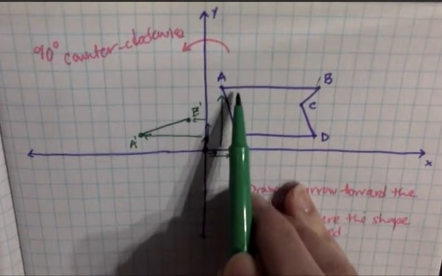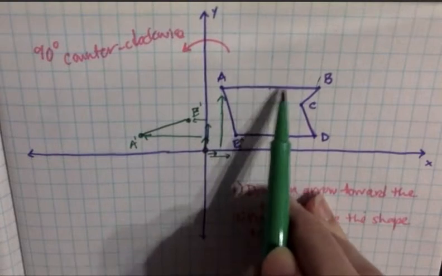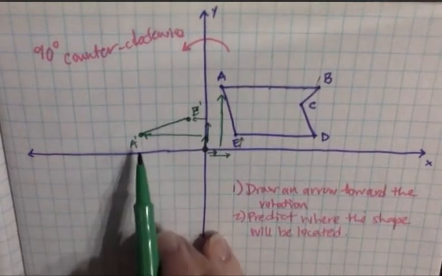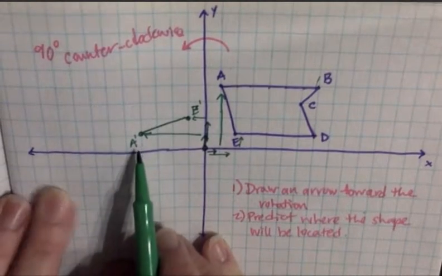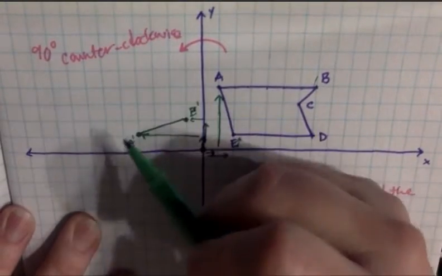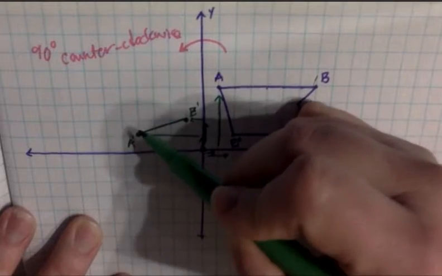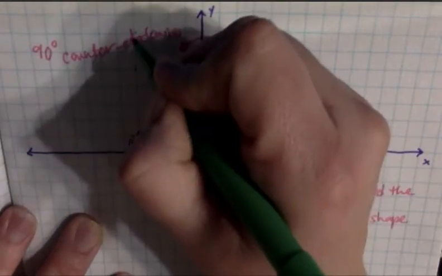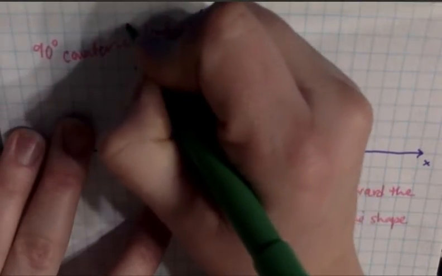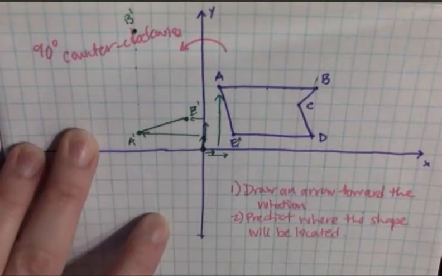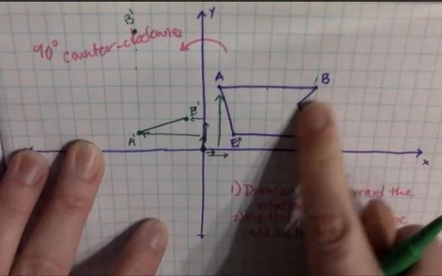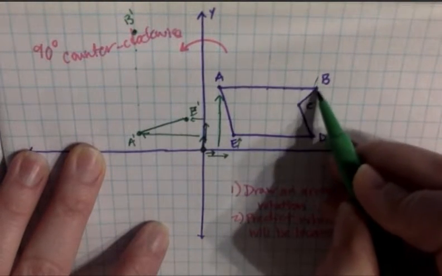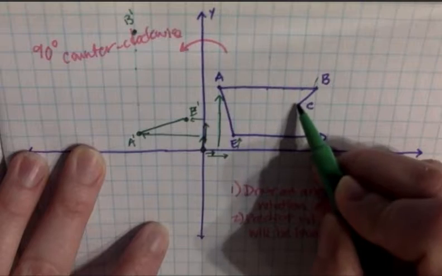So from A, I can go over 1, 2, 3, 4, 5, 6 units to the right to get my B point. If A prime is here, I'm going to go up 6 units from that point A prime to find my B prime point. So 1, 2, 3, 4, 5, 6 units. I told you I was going to go over some of the writing. From B to C, we're going down 1 unit and to the left 1 unit.